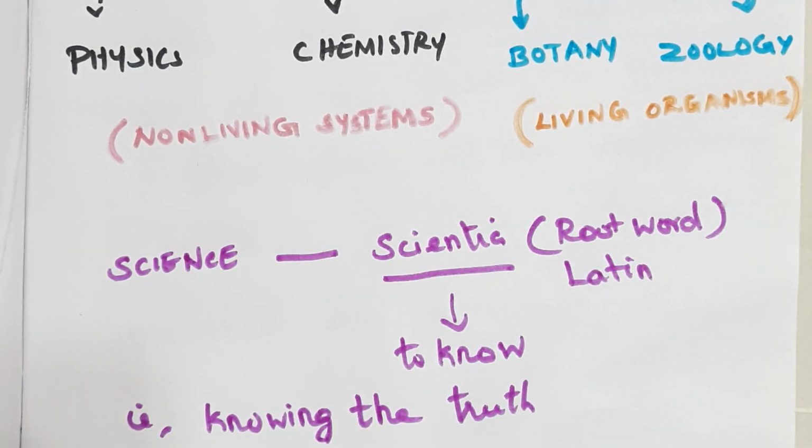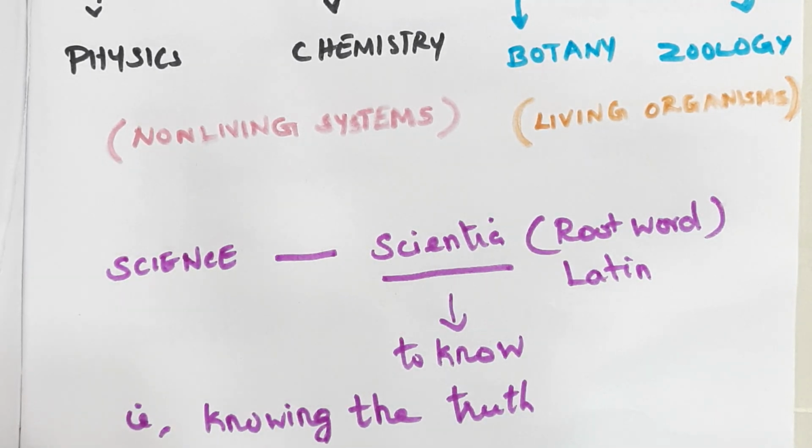Okay? So, science is a systematic organization of knowledge gained through observation, experimentation, and logical reasoning. So, science means knowing the truth.